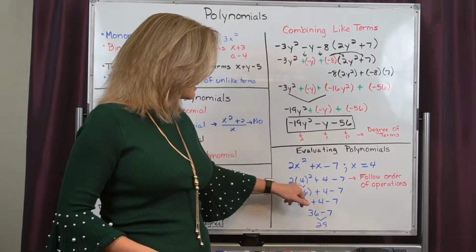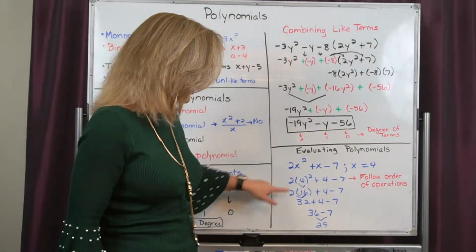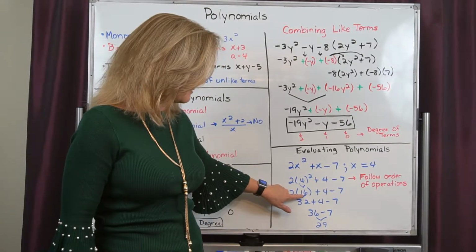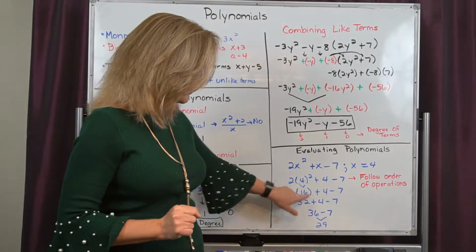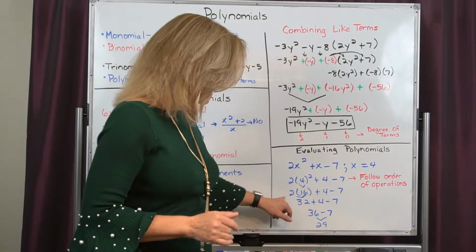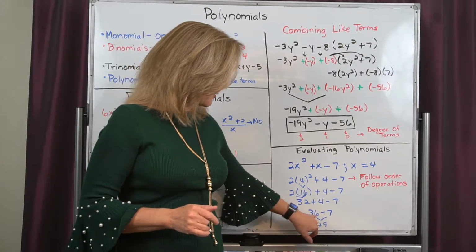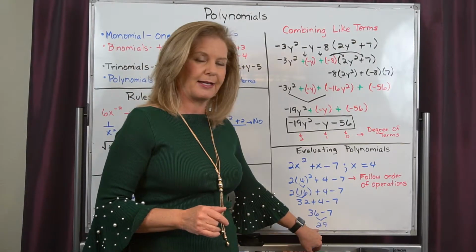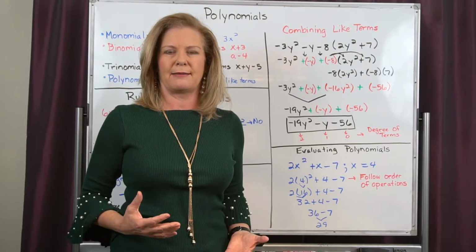So if I see 2 times 4 squared, I got to do the squared first. So 4 squared is 16, and I only do one operation per line. Then I do 2 times 16 is 32 because I'm going to work from left to right. Then I do 32 plus 4, which is 36. 36 minus 7 is 29. So notice I never used an equal sign in it because I was evaluating that expression.